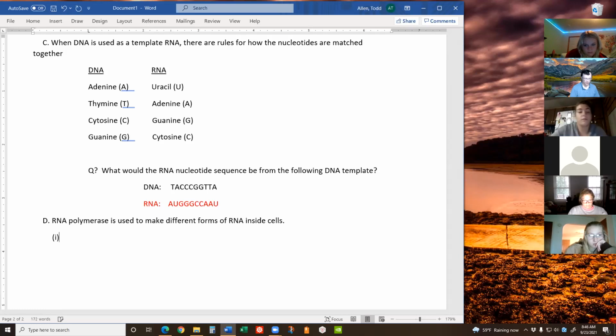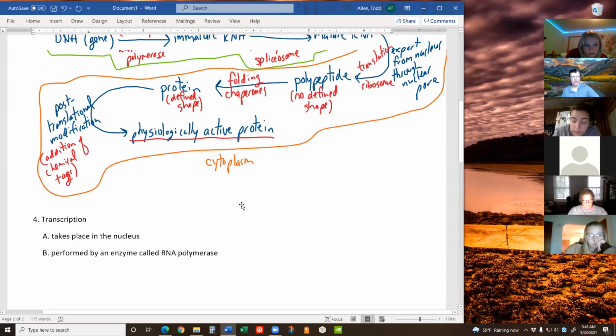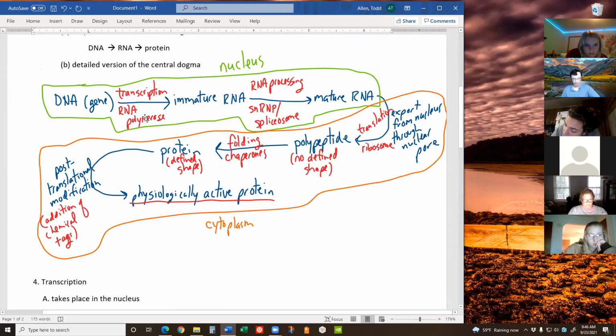So the first type of RNA we'll introduce you to is something known as messenger RNA. This is mRNA. Okay, up here in the flow chart where you're taking DNA to RNA to protein, that's the form of RNA that I was hinting at.